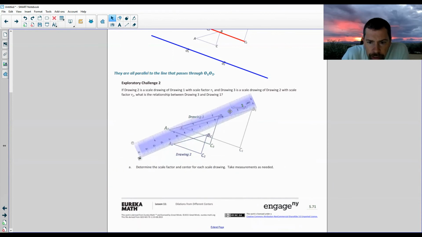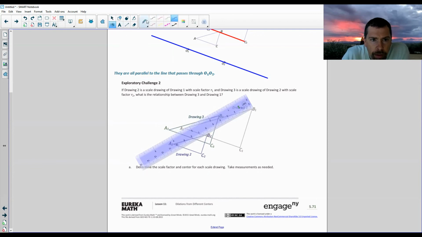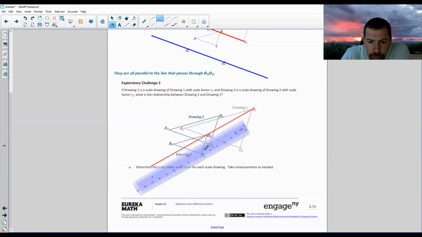If I put my ruler right here at B1 and rotate it so that the ray is going to go through B2, then there's the segment going through. Do the same with C1.